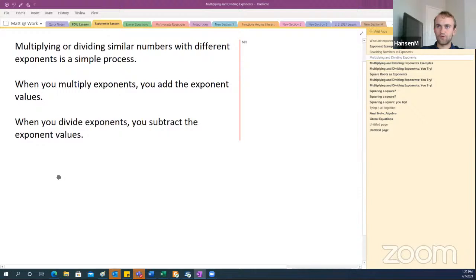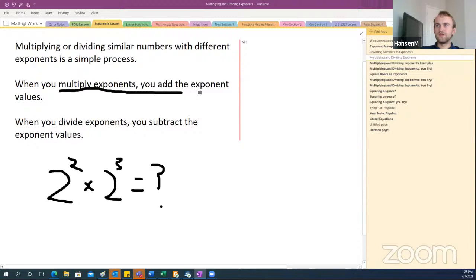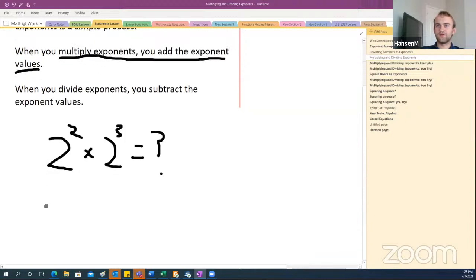So for example, if we were to say 2 squared times 2 to the third equals question mark, we see here that we can just go ahead and add the exponent values. So this is equal to 2 to the 2 plus 3, which is actually equal to 2 to the 5th.